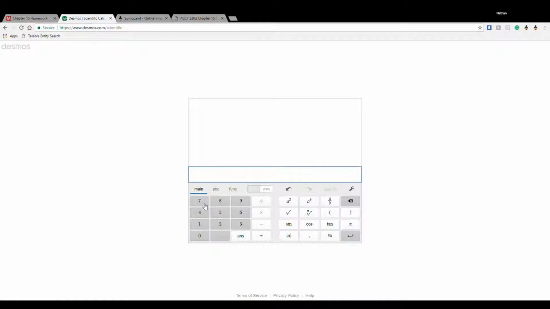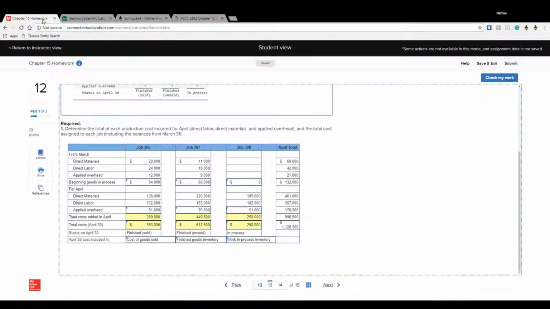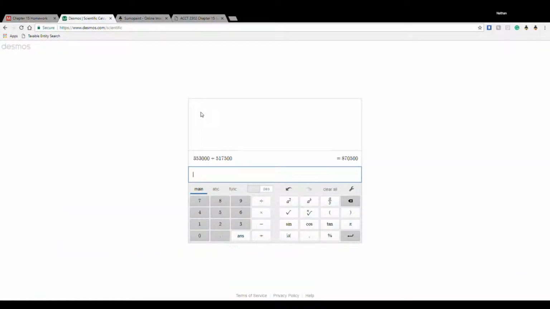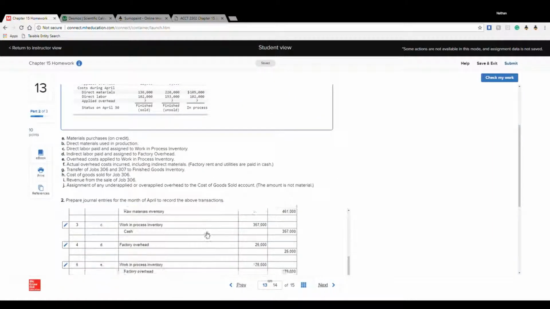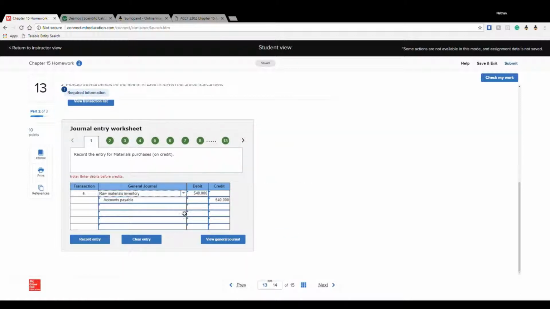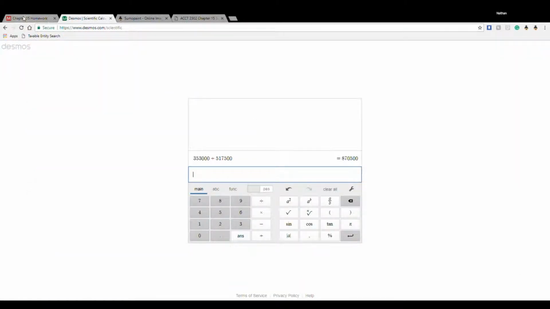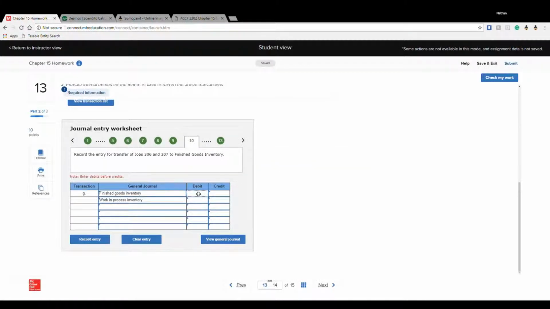So 353,000 plus 517,500, double make sure, good, equals 870,500 went to finished goods. So back to question 13, and 9, 10, there we go. So 870,500.